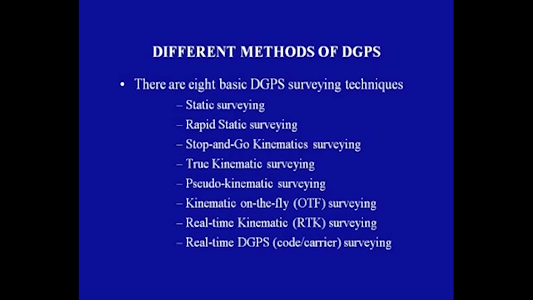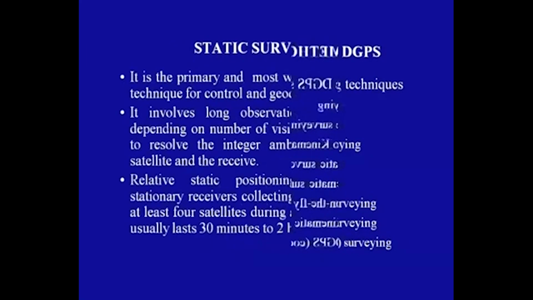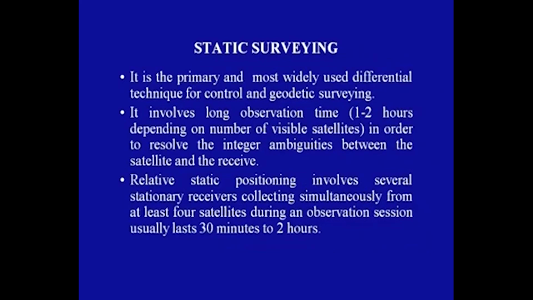These are static surveying, rapid static surveying, stop and go kinematic surveying, true kinematic surveying, pseudo kinematic surveying, kinematic on the fly, or OTF surveying, real time kinematic or RTK surveying, and real time DGPS, that is code/carrier survey. Now, let us look at each of these 8 basic DGPS surveying techniques one by one.